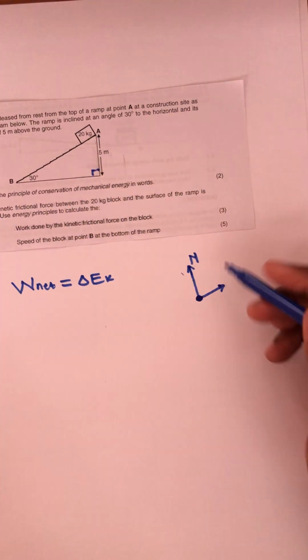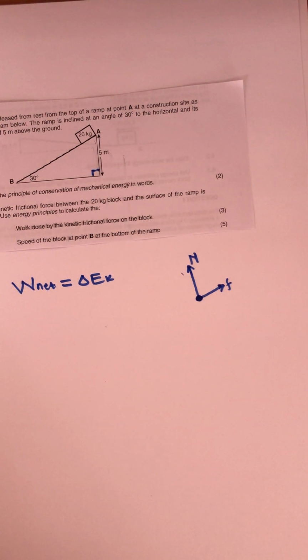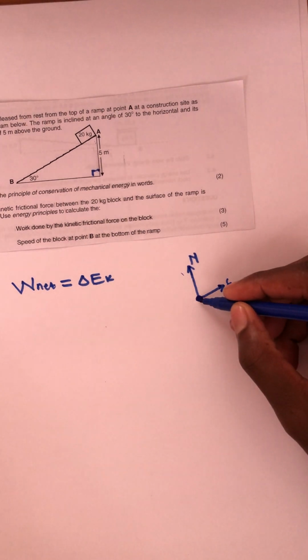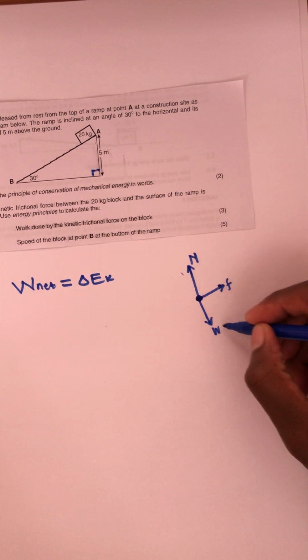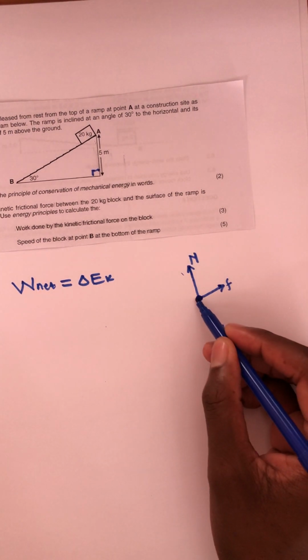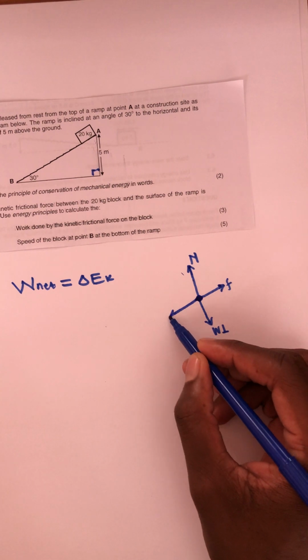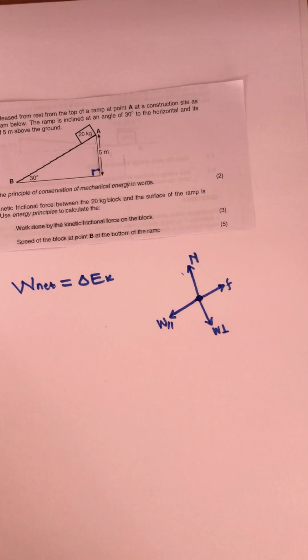Remember, the block is sliding down, so this is the frictional force opposing the motion of an object. This is the perpendicular weight. This is always going with normal force. And then we have the weight parallel here, always going down.